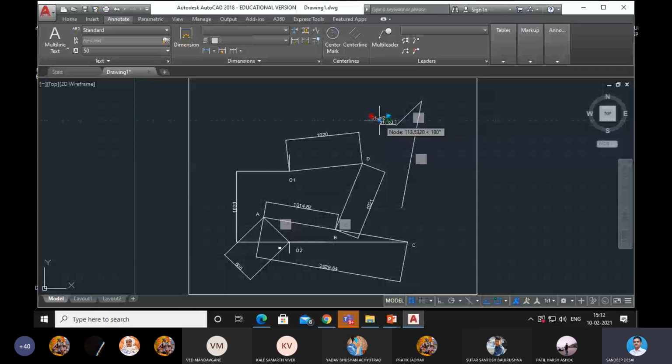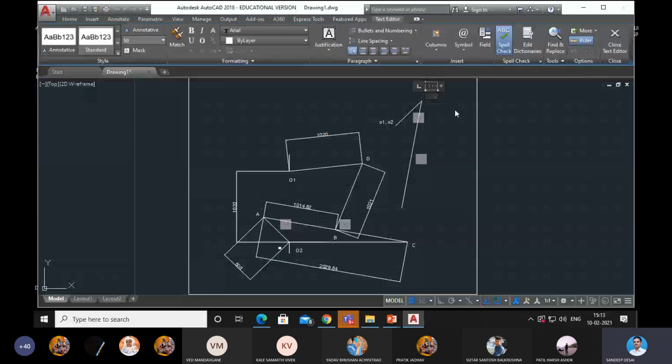So this is o1, o2, and this one is... कुठला पॉइंट आहे रे हा सांगा बरं मला. Which is this point? What should be this point? A.